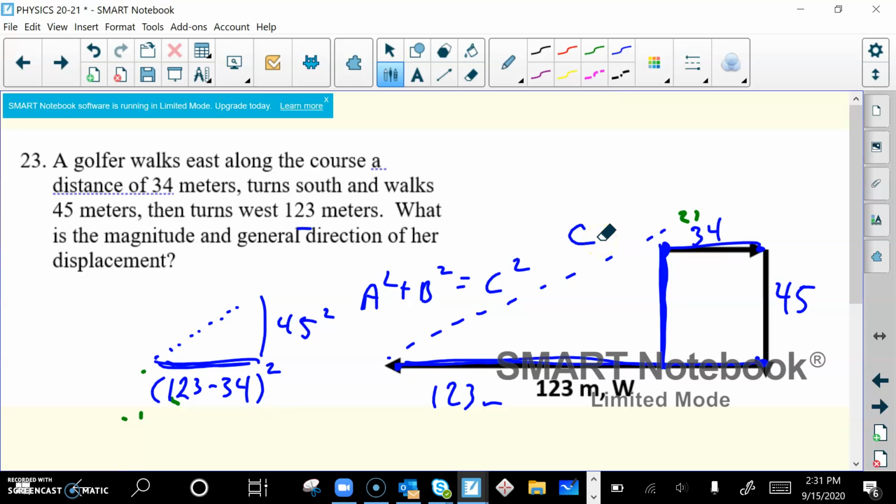Once again, that's your C, or resultant, or hypotenuse. In this one, it was the magnitude of displacement. Either way, you're looking for the C leg.